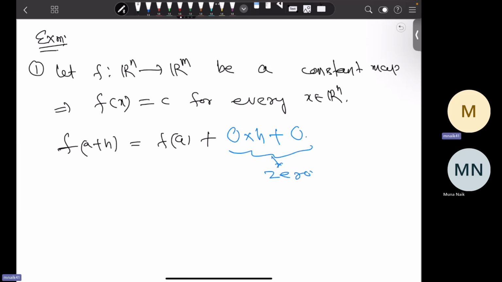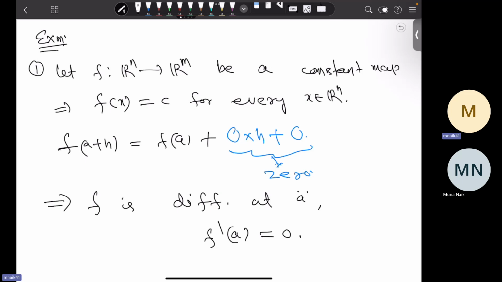So this implies that f is differentiable at a, and f prime of a is the zero linear map. This is a very trivial example.